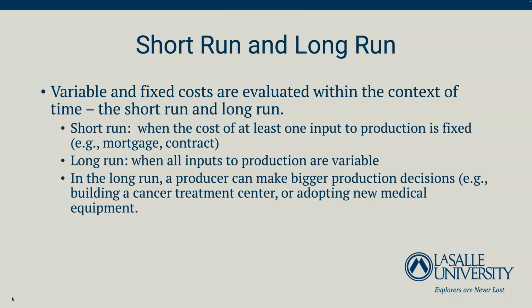So you can scale up or even scale down a clinic, acquire new or more innovative equipment, or also hire new managers or healthcare professionals. And in the long run, a producer can make bigger production decisions, say building a cancer treatment center or institute, or adopting new medical equipment.